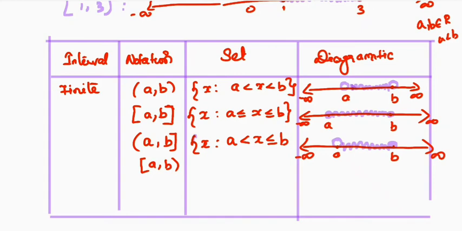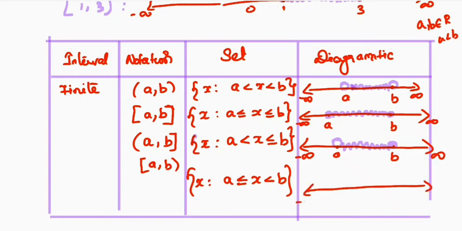So the next one is what? It is a set of all real numbers X such that A is included and B is excluded. So in the set you have to write in the diagram. How will you mark?